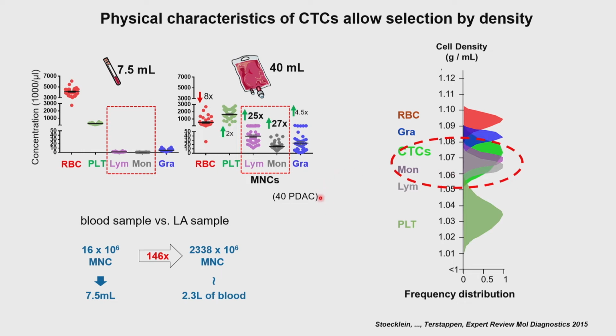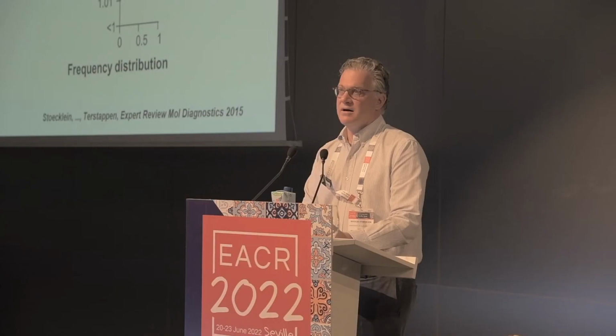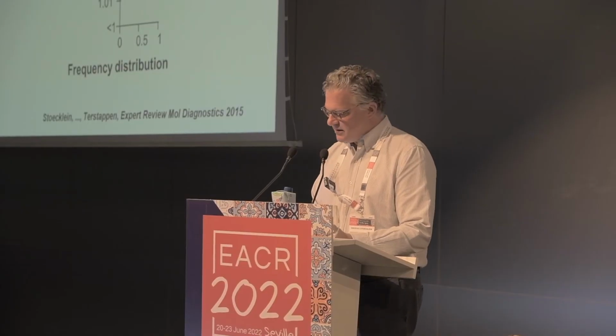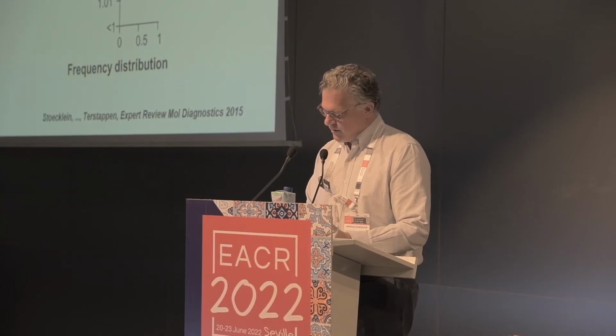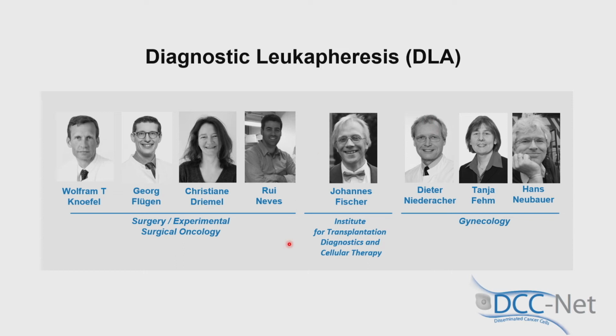So the idea would be that if you perform leukapheresis, you then can co-collect epithelial CTCs together with your mononuclear cells. And this is something we have investigated for many years now in Düsseldorf, and we called that diagnostic leukapheresis to separate it from the therapeutic leukapheresis done for stem cell transplantation.